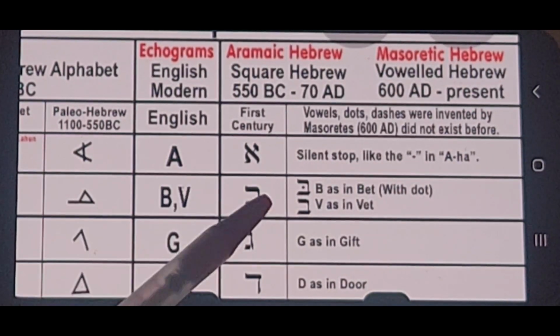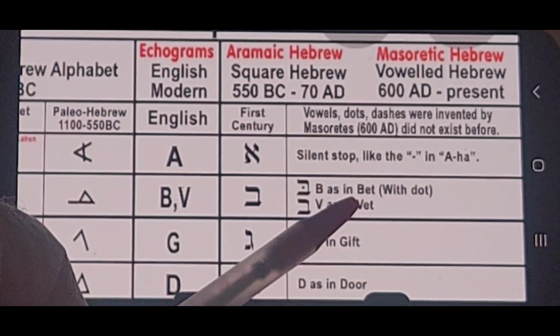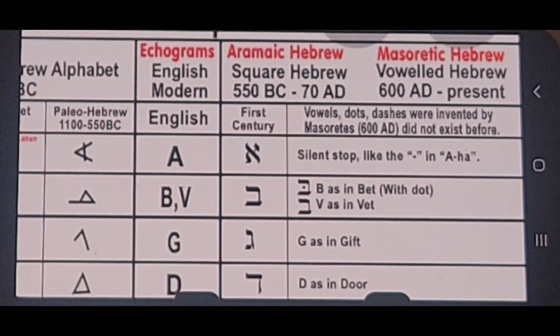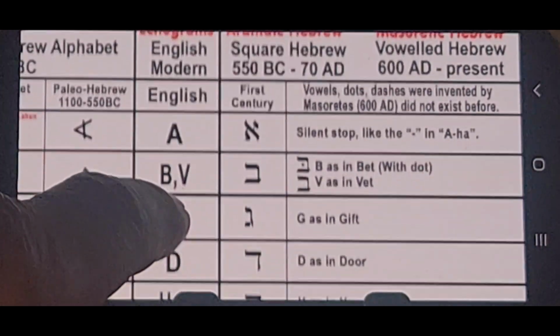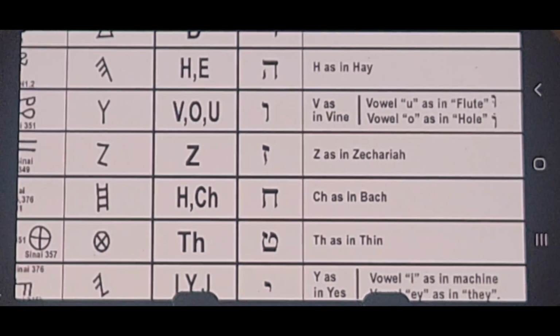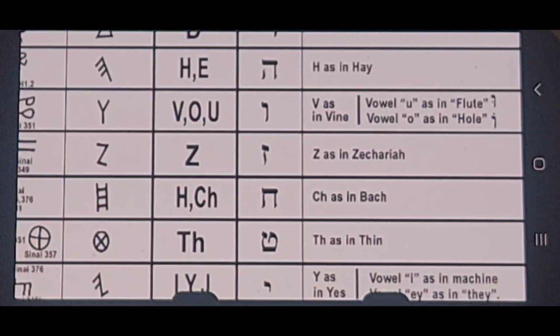We see the letter bet can have the sound of B as in bat or V as in vet. And I find this chart to be very useful. You need to memorize it. If not, you're going to struggle.